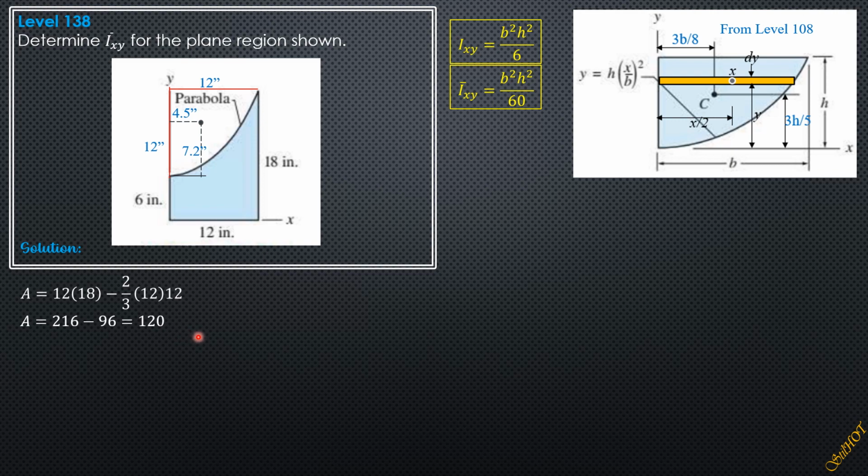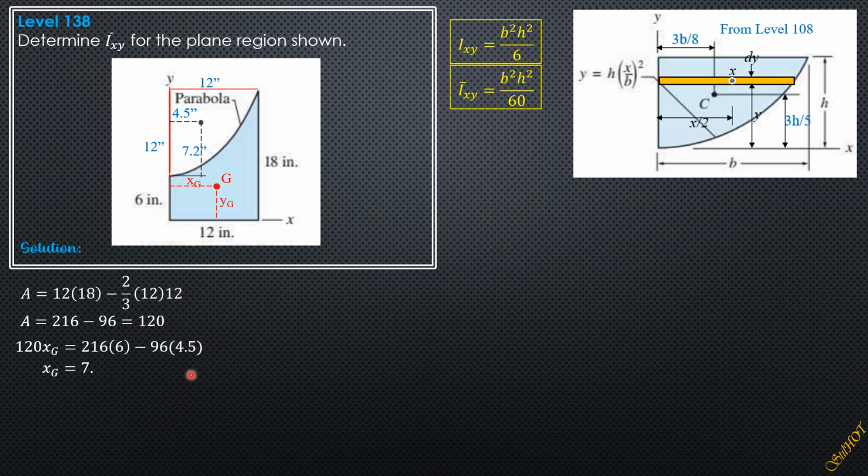Then by Varignon's theorem, that's xg and yg distance. So area 120 times xg equals 216 for the rectangle, where x of the rectangle is 6, half of 12, then minus 96 times 4.5 for the parabola.